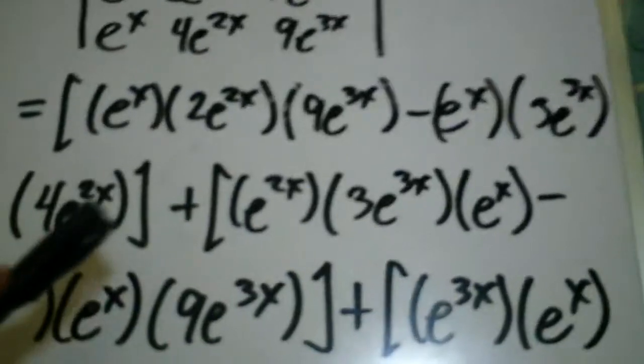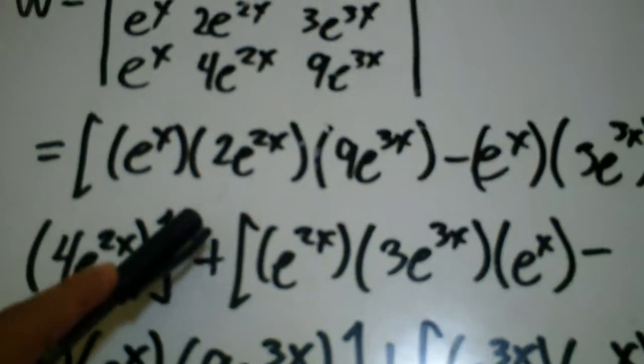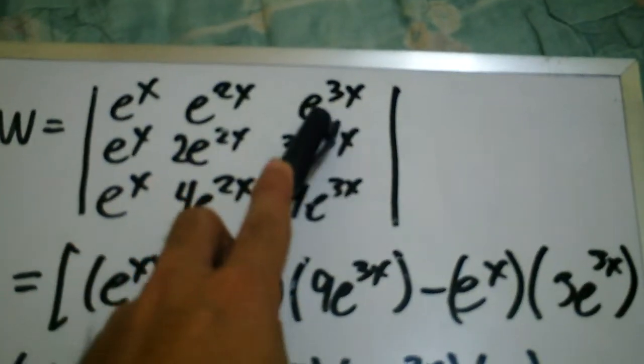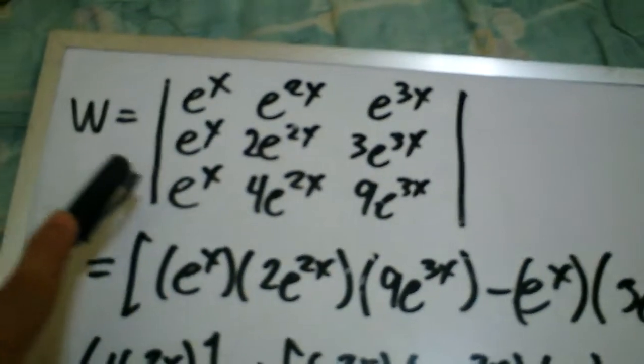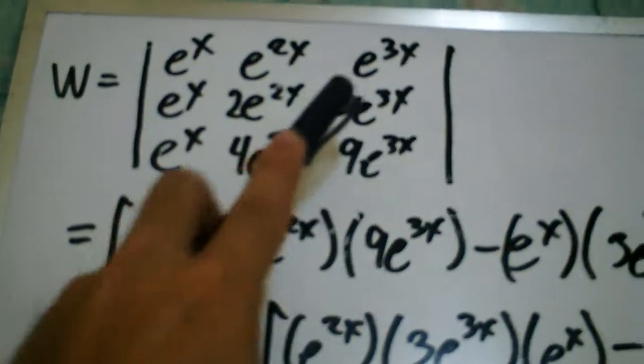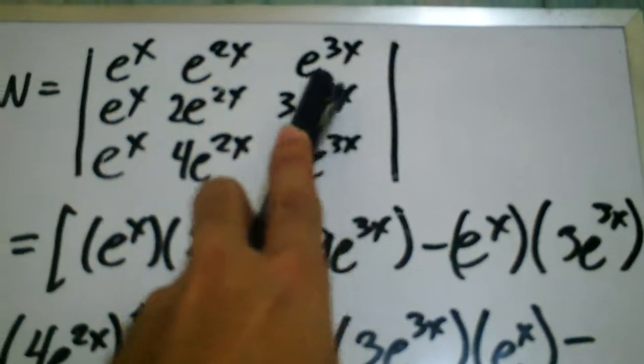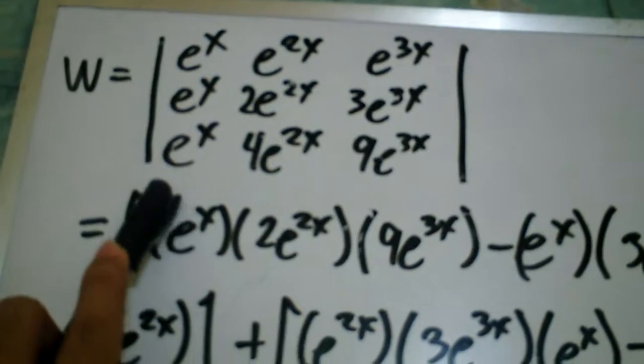So it's just simple. Again, e to the 3x plus e to the x for e to the 2x, minus another e to the 3x, 2 e to the 2x, and e to the x.